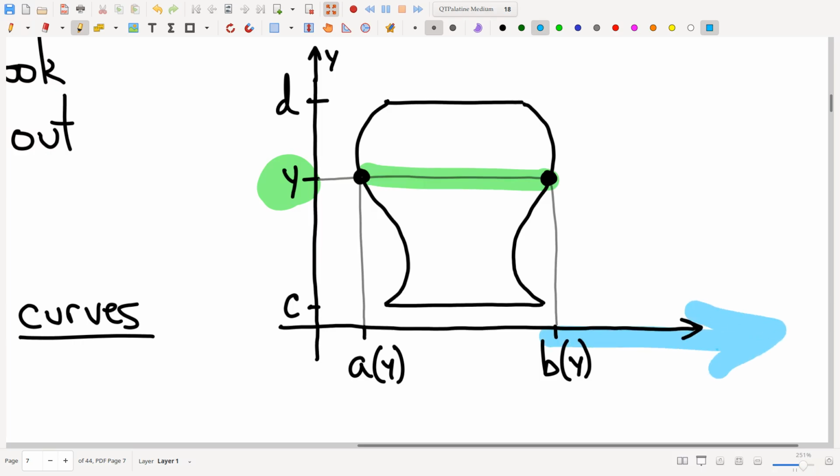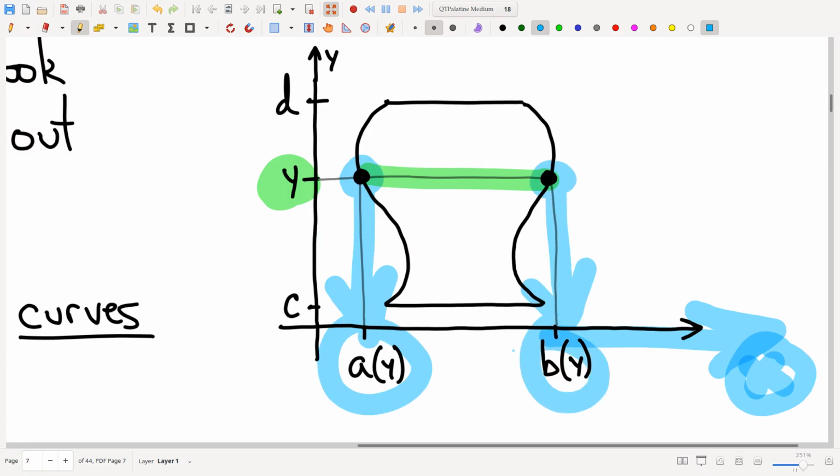My next direction is the x direction. Here's where I start, that gives me my lower bound. Here's where I end, that gives me my upper bound. And at that point, we're done.